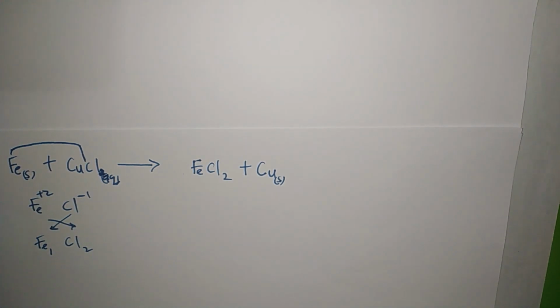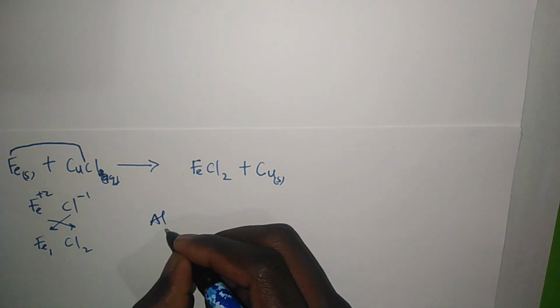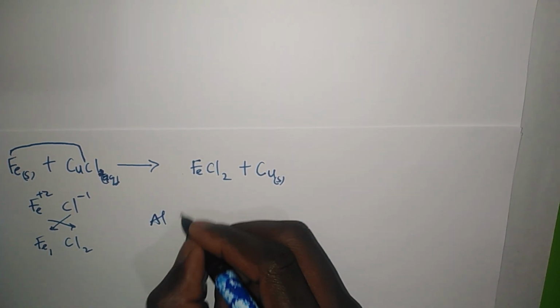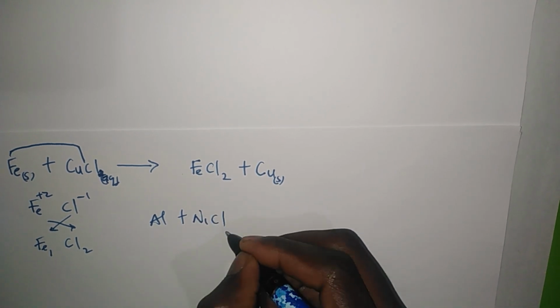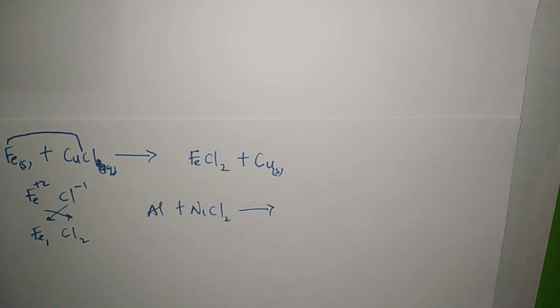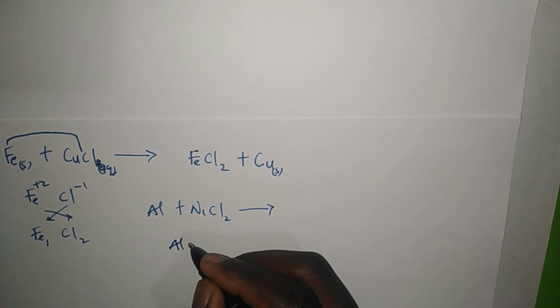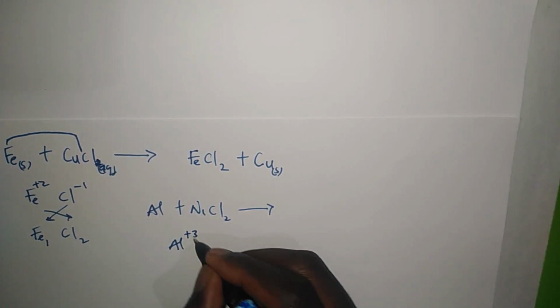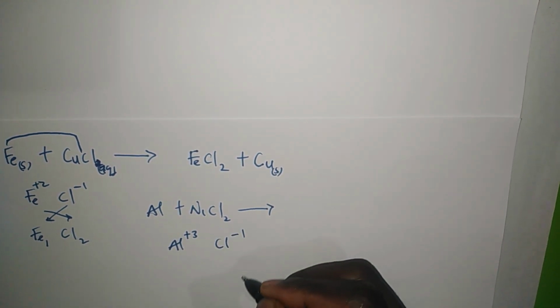Let's take another example. Let's say we have aluminium reacting with nickel chloride. How do you predict the product of this reaction? Now, to predict the product, we know aluminium has a +3 charge. Chlorine has a -1 charge.